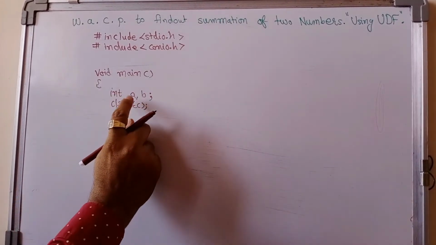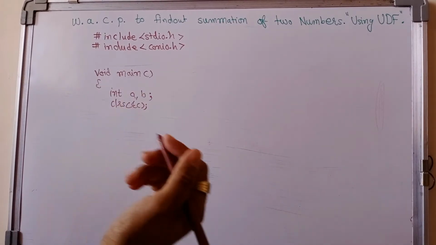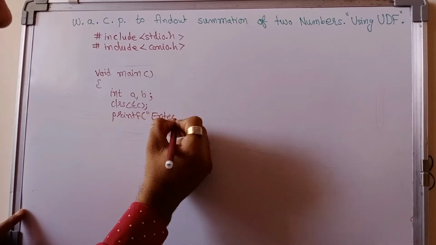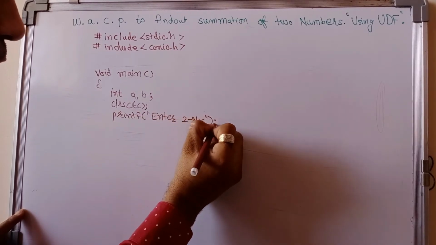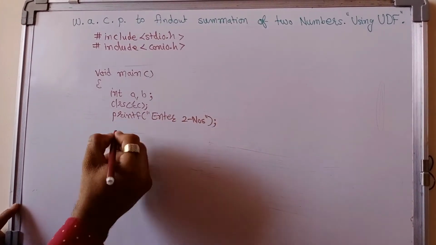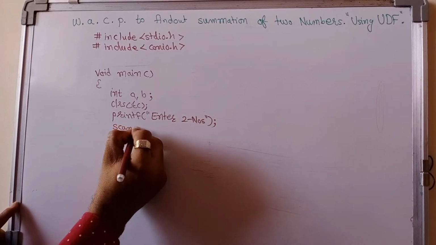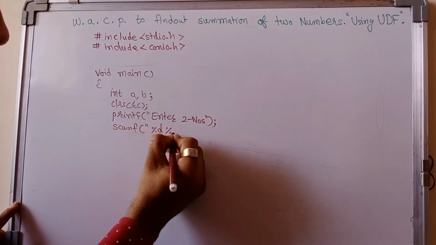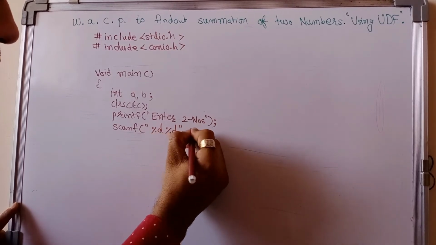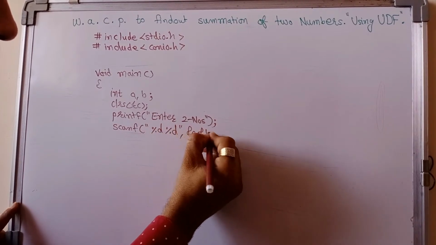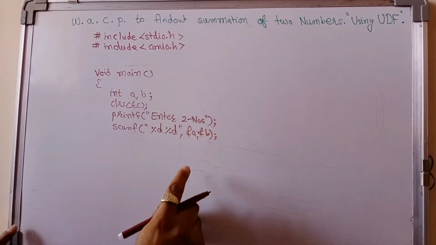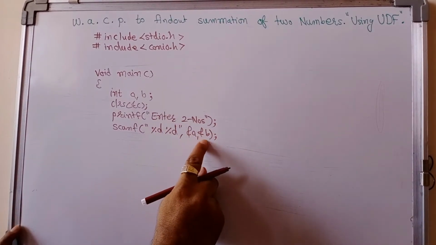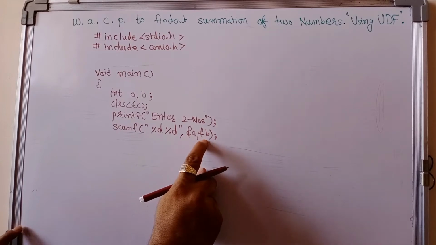To get the values of a and b variables, I use printf and scanf statements. Our first number will be received in the a variable and our second number will be received in the b variable.